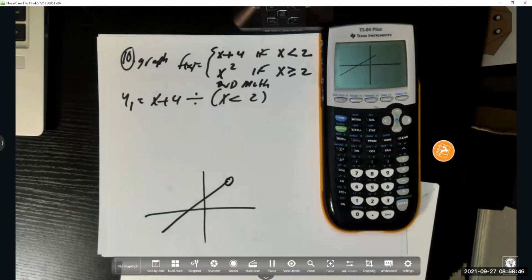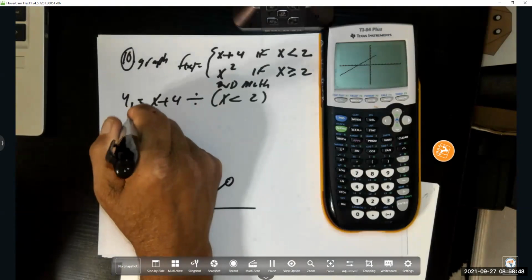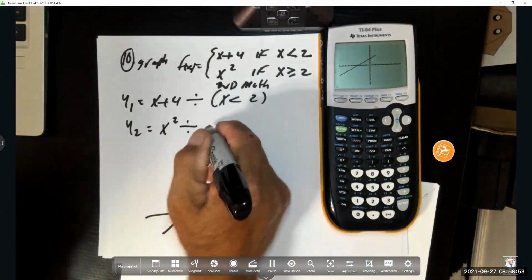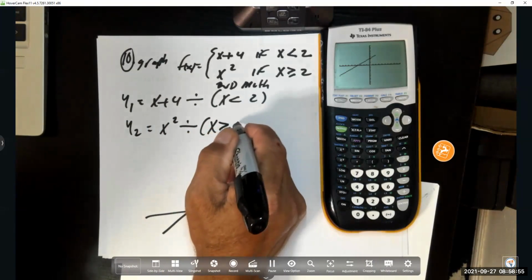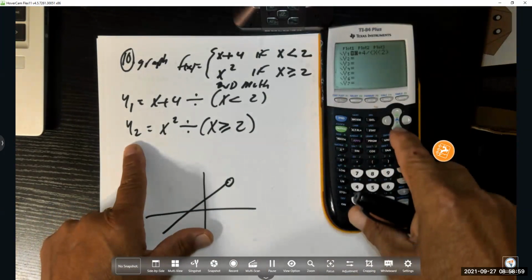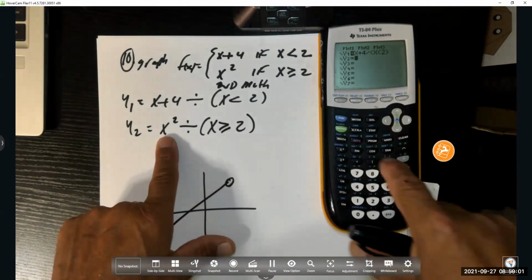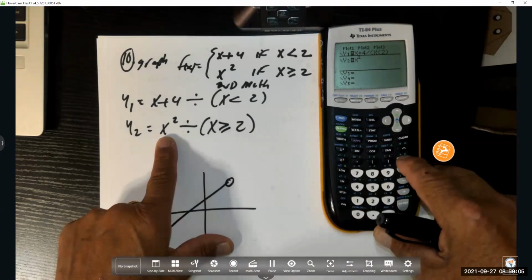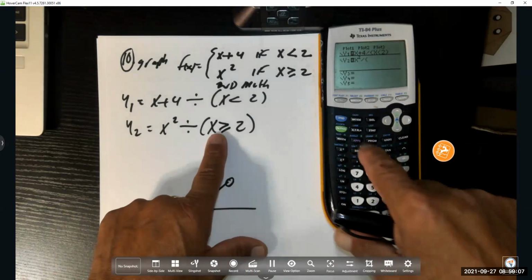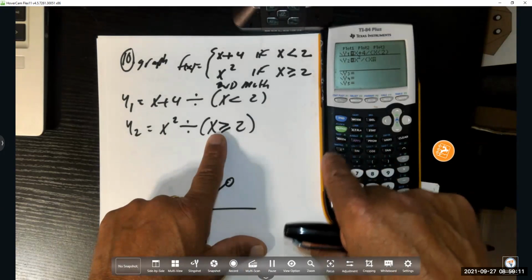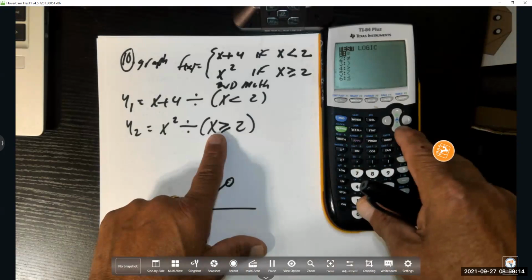Yes. Now the second, Y2, will be x squared. Okay, so I'll do the second one. Y2, the next one, is going to be x squared, right there, division symbol, parentheses, x, second math again, and then the one greater than or equal to.